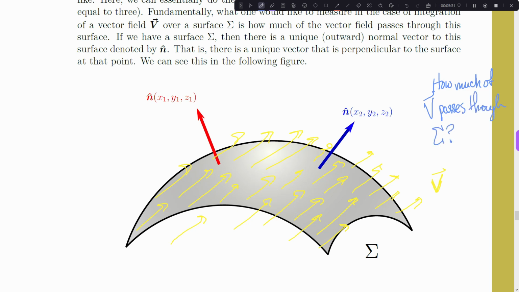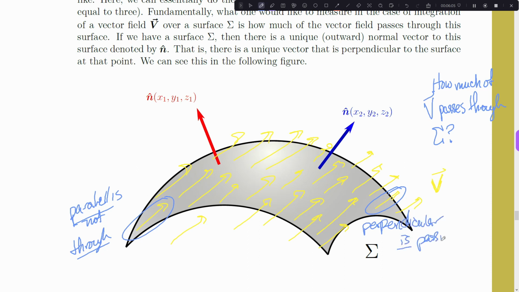So how much passes through? So when you pass parallel, you don't pass through. Parallel is not through, for somewhat obvious reasons. If I'm walking along the surface of the Earth, I'm not passing through the surface of the Earth. I would have to dig a hole or jump up from a hole to actually pass through the surface. And if we look over here, perpendicular is passing through.